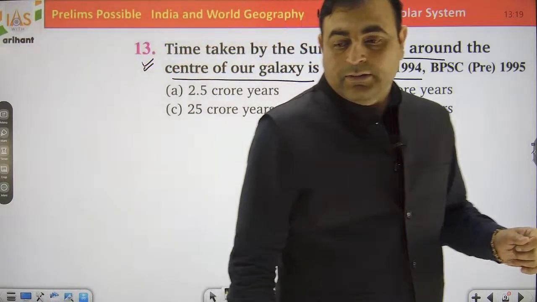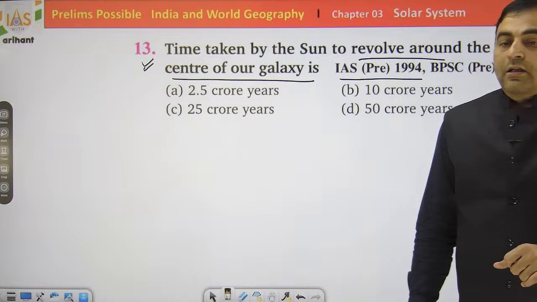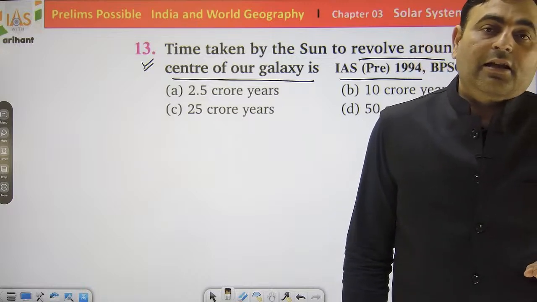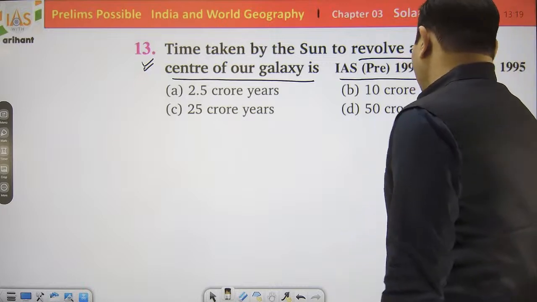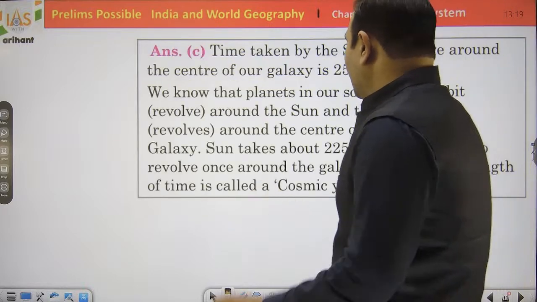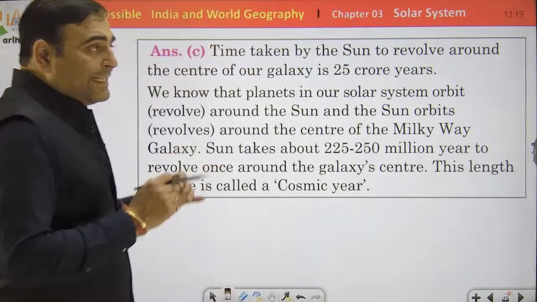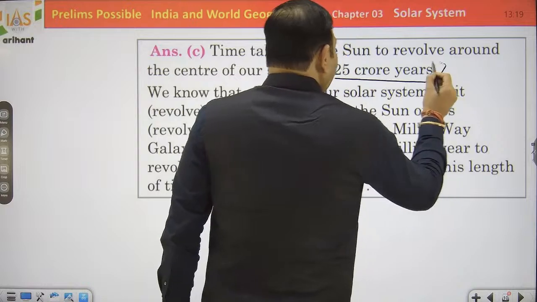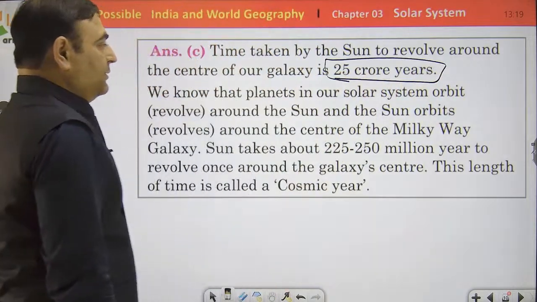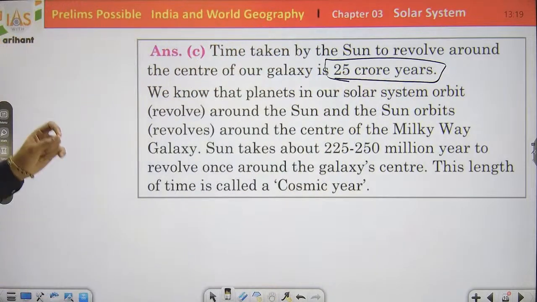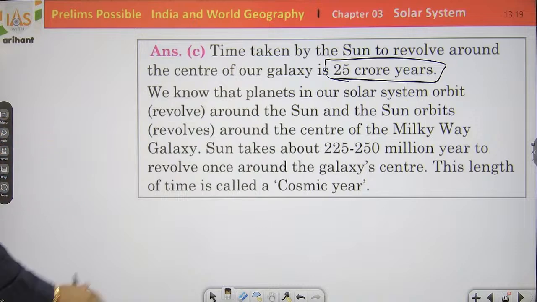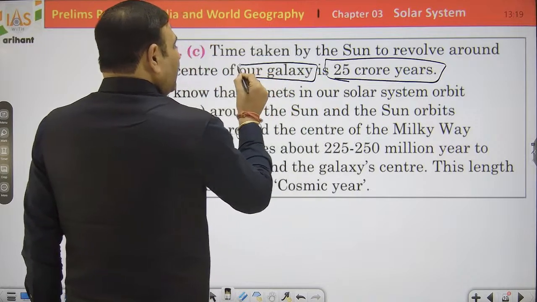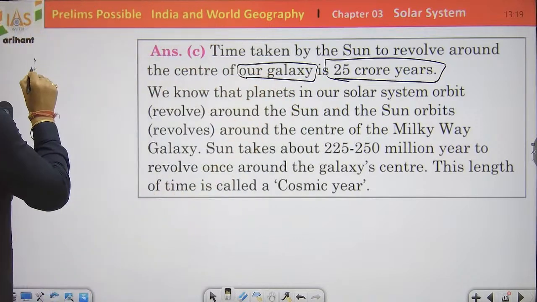Clear, everyone? The time taken by the sun to revolve around the center of our galaxy is actually 25 crore years. It takes 25 crore years to revolve around the center of our galaxy, the Milky Way.